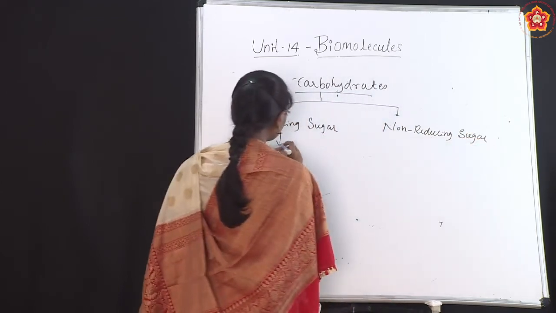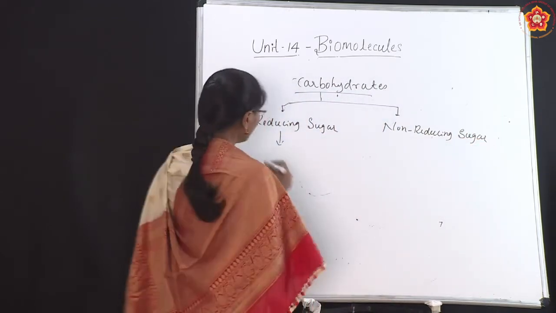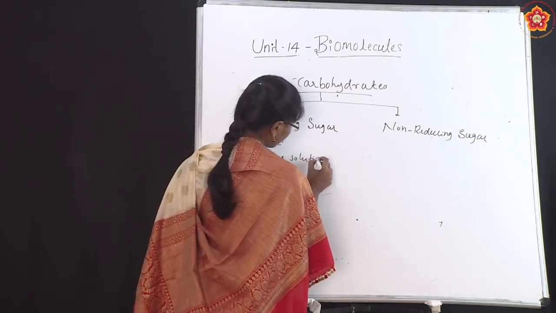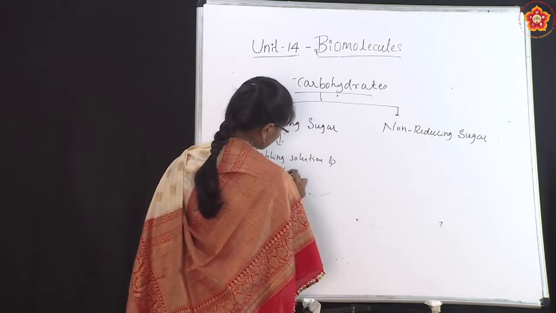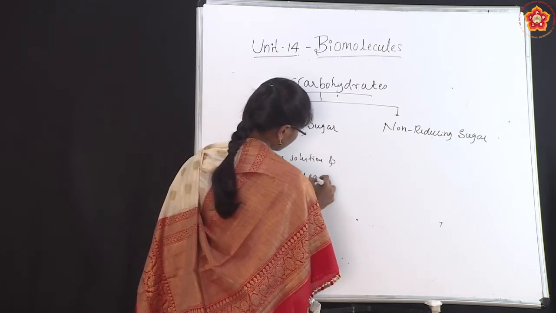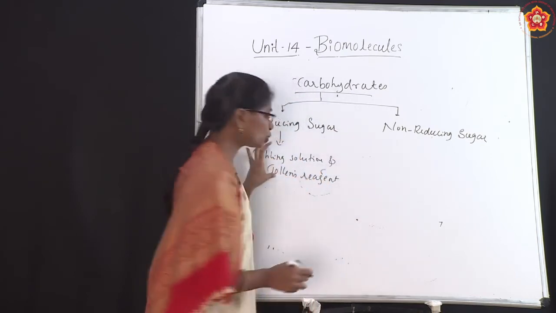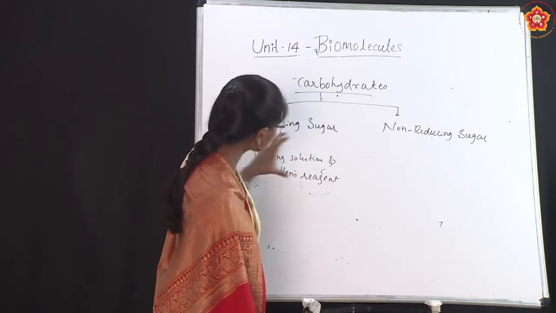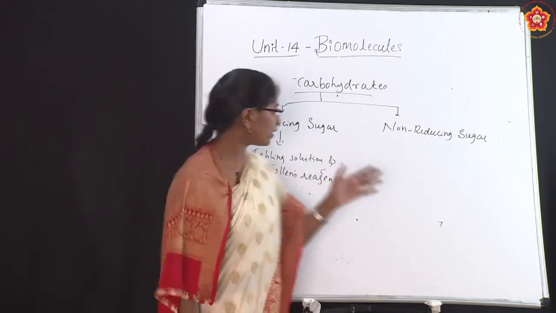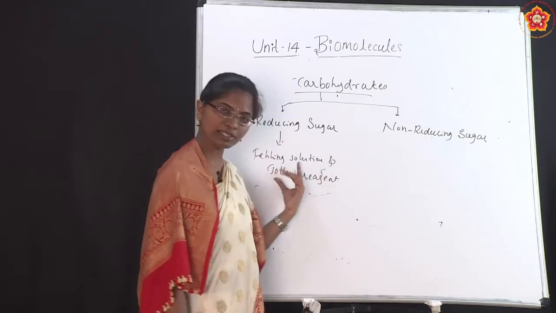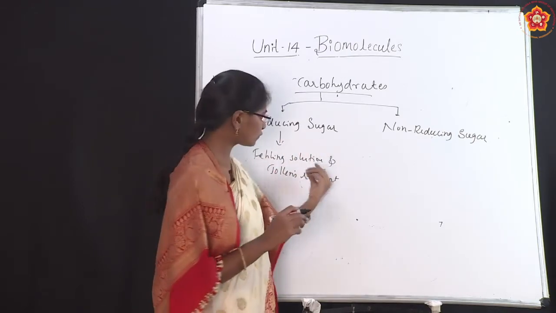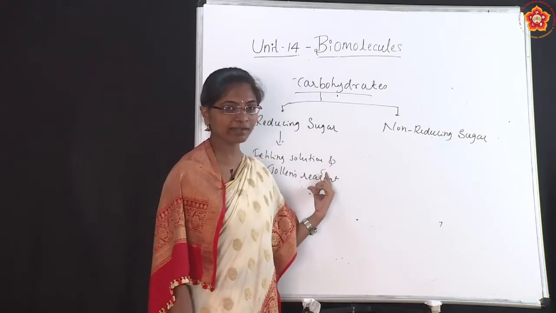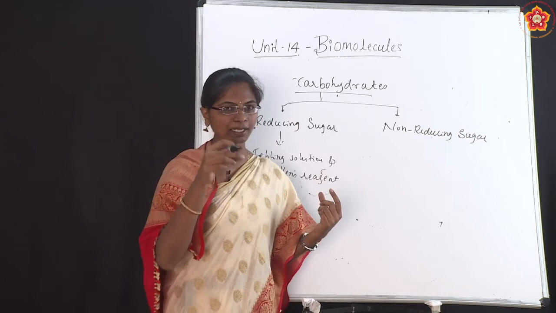Reducing sugar means it will reduce Fehling solution and Tollens reagent. These are 2 tests. When you react the carbohydrates with these 2 solutions, there will be a reaction, and we will get a silver colored precipitate in the test tube.